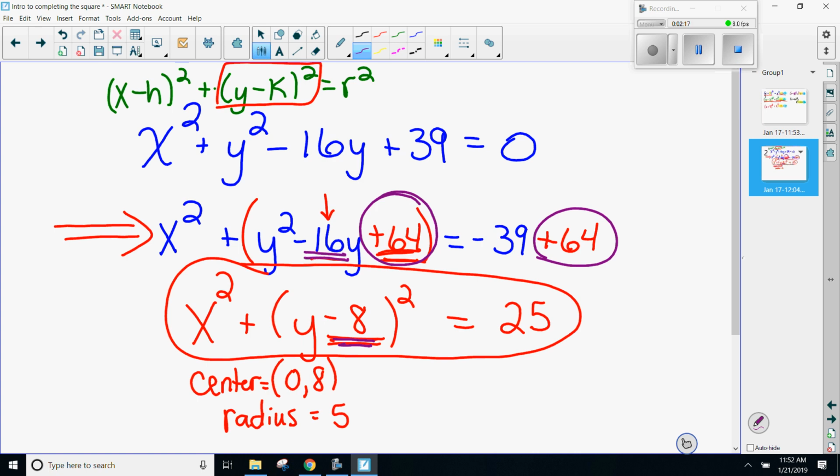Now this y quantity value right here factors into y minus 8 squared. And then -39 plus 64 is 25. So I see the center of my circle is (0, 8), and the radius is 5.